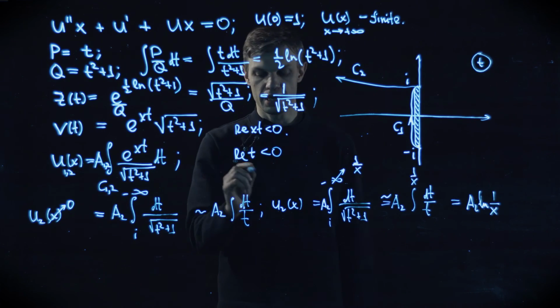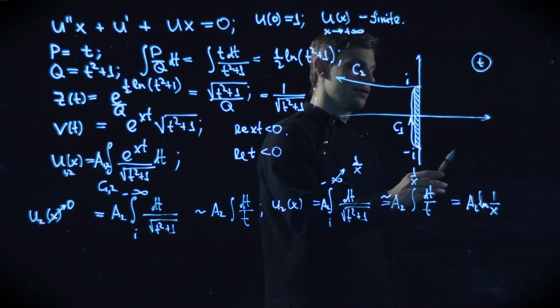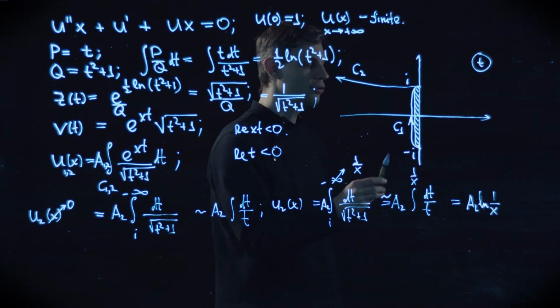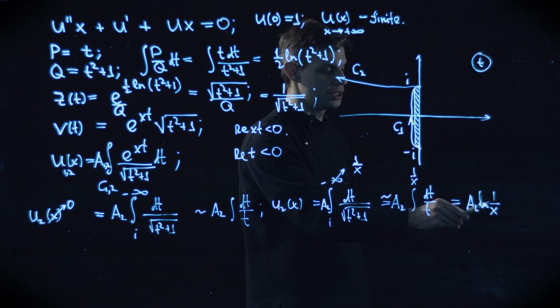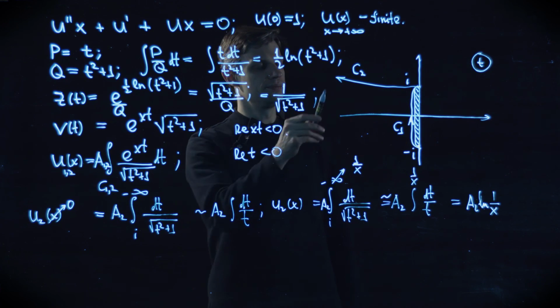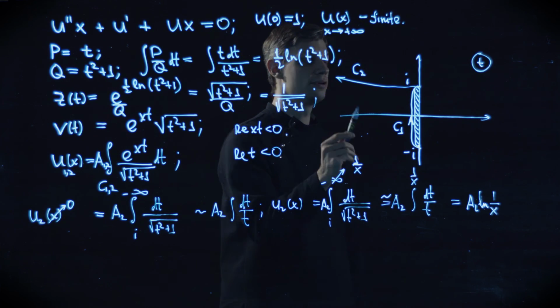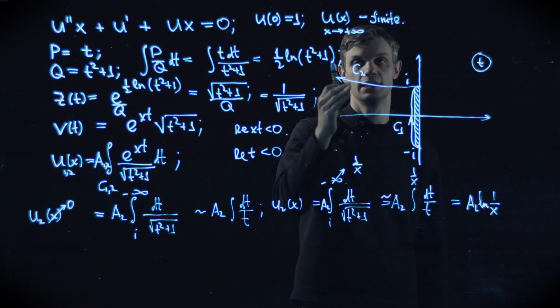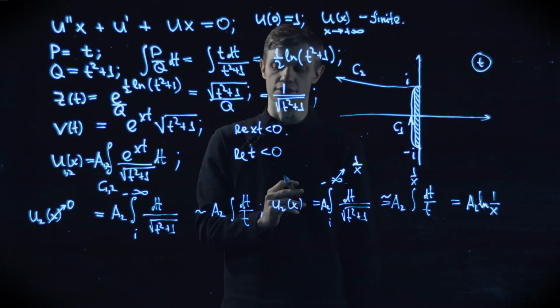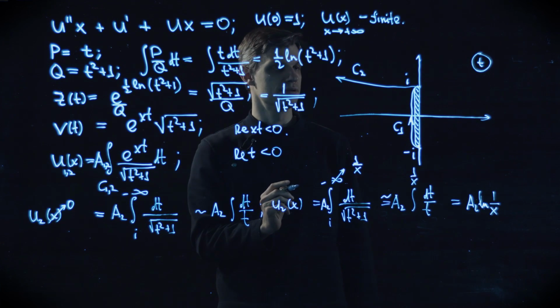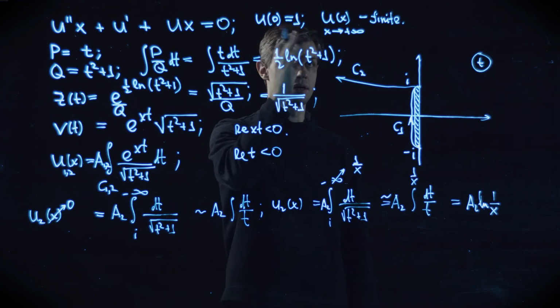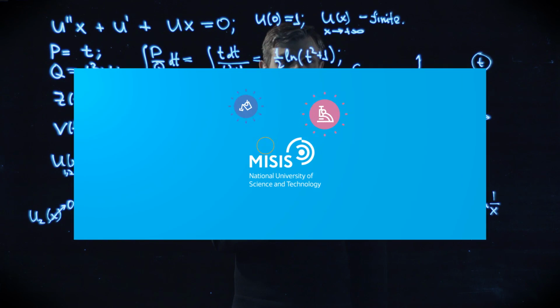So now you see why we get the divergent answer, because the function u2 has a logarithmic singularity at the origin. So this contour is no good for us. We are looking for a different solution, which is finite at x equal to 0. So let's try to study another one, u1 of x.